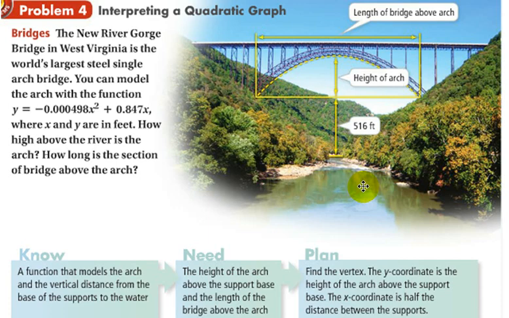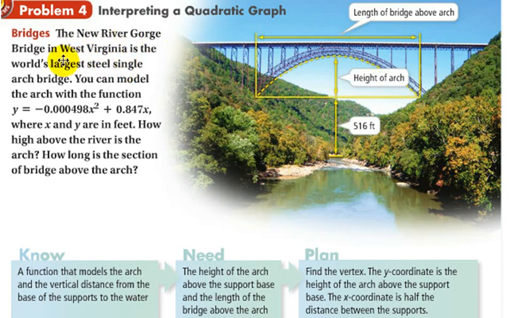It says interpreting a quadratic graph. We know quadratic, what kind of graph does it make? A parabola. Is this one, would the a value be positive or negative? Negative, because it's downwards facing, right? So we know we've got a negative a value already, right? So let's read about it.